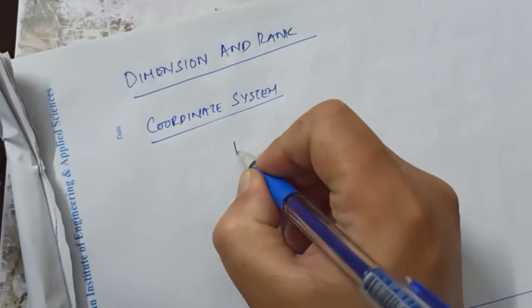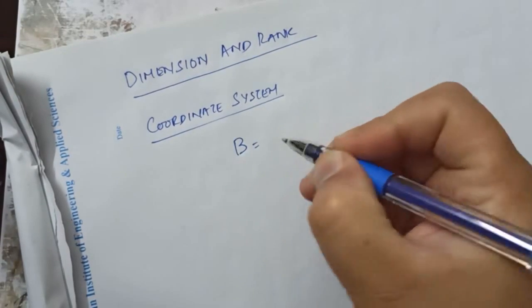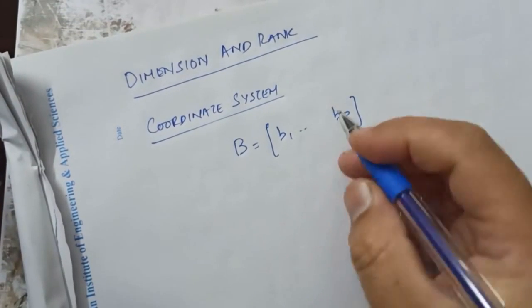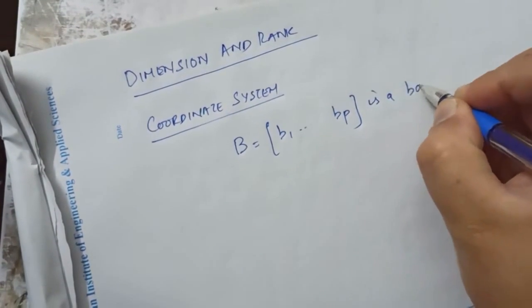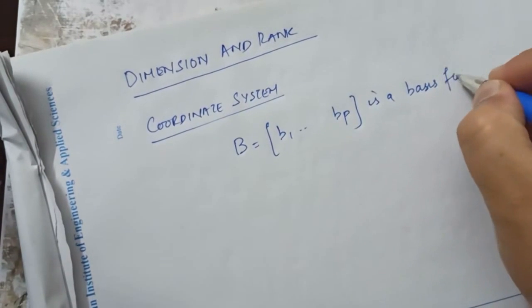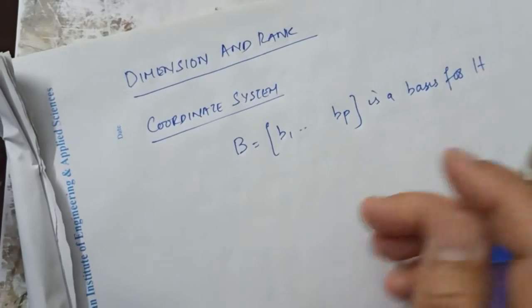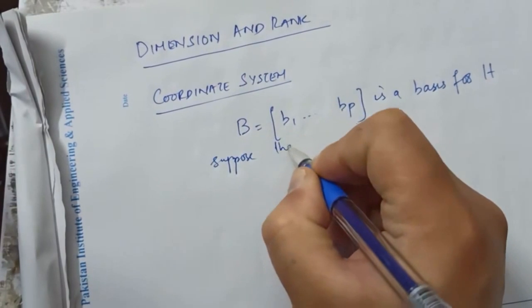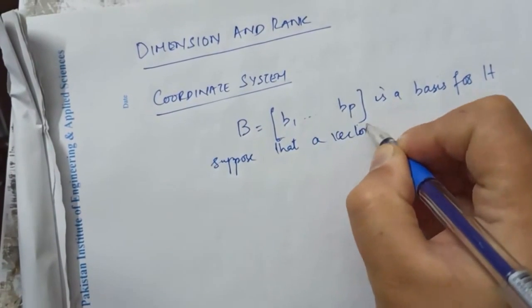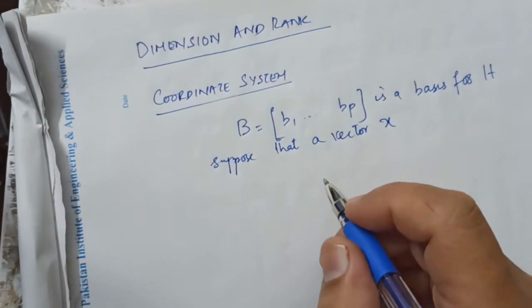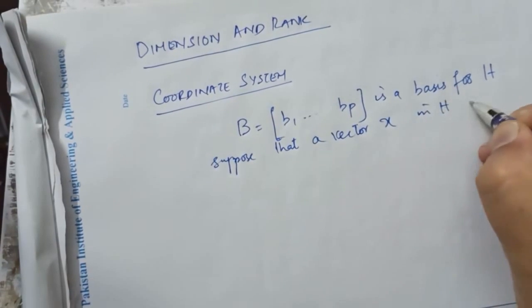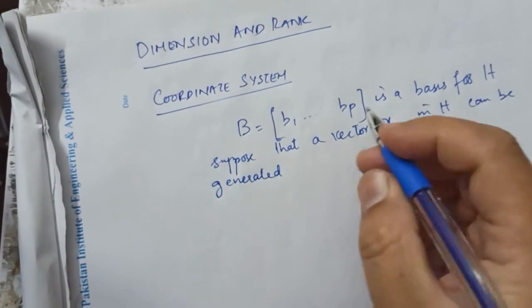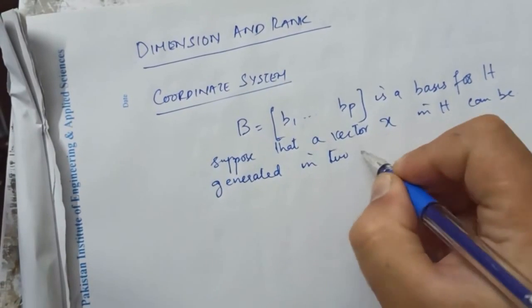there is a set B of vectors B1 to BP that is a basis for H, and suppose that a vector X in H can be generated in two ways.